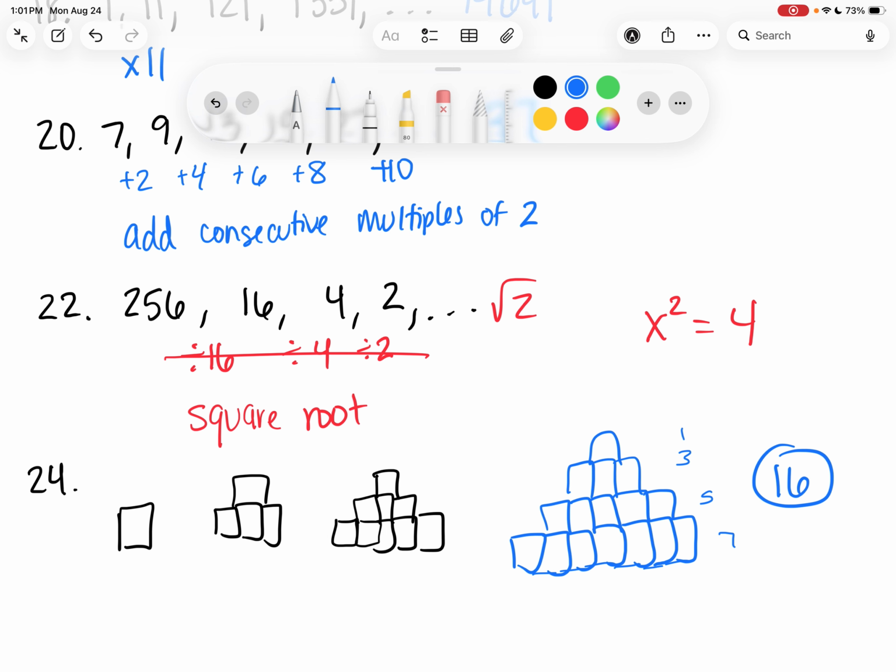So you don't necessarily have to write out the picture on that one. You could have just written the numbers because this was 1, this was add 3. You could have just added it up, but I just like to draw the picture for the visual.